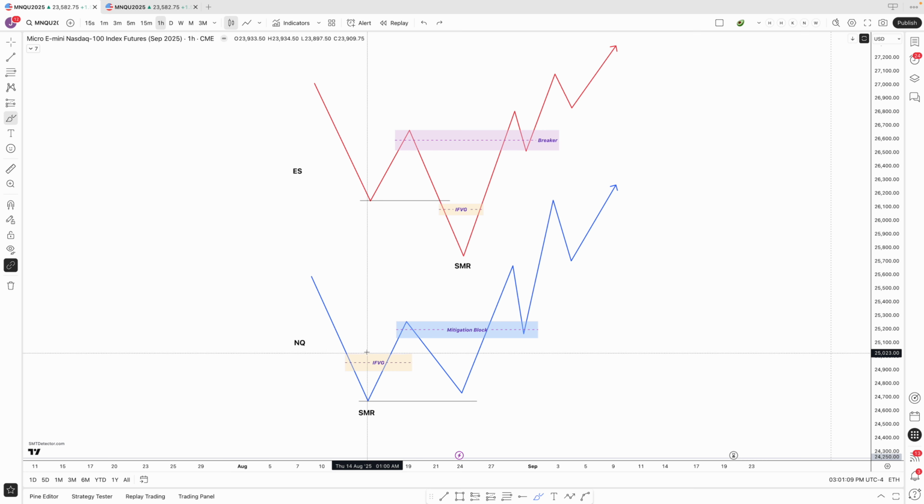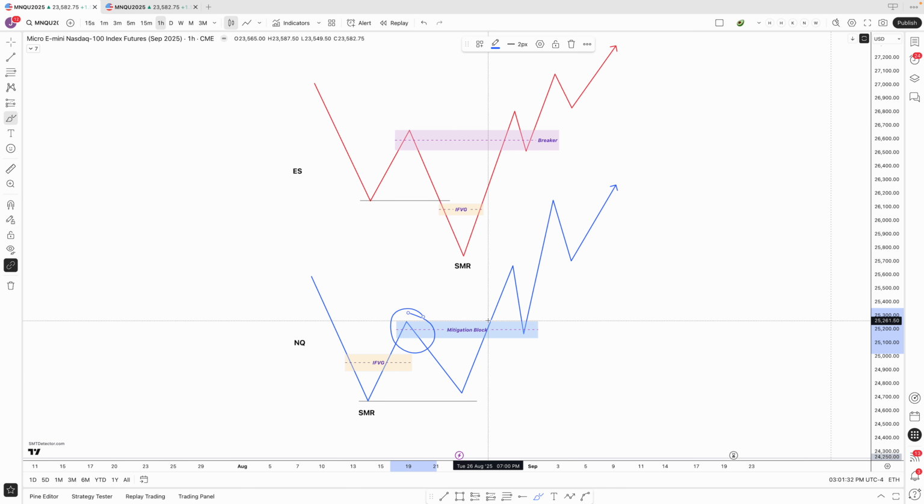If you're looking at NQ, you might think this is CSD, but it's not, okay, because we didn't make a lower low. So when you have SMT between the two lows in this form, whenever you have NQ make a higher low, you have to wait on it to get above this high. NQ has to get above that high on a closing basis for it to be a change in the state of delivery.